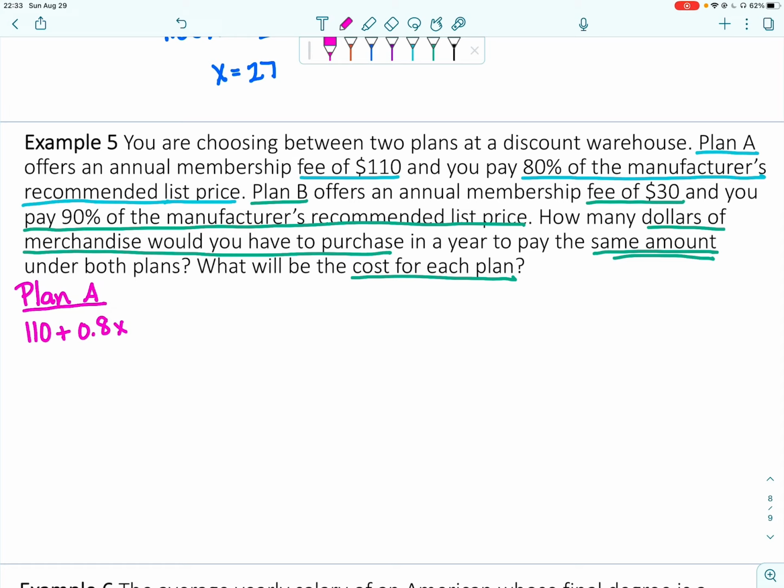So times X. Plan B, you pay $30 up front, but then you pay 90% or 0.9 of whatever it is that you spend on merchandise that year. So X equals money spent on merchandise.